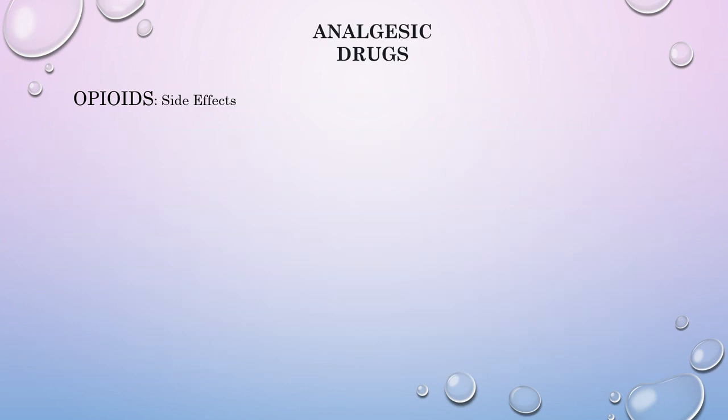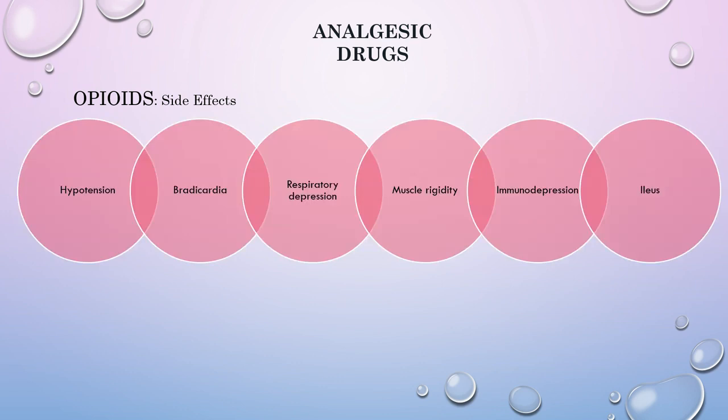Surely analgesic drugs like opioids have some side effects. Hypotension and muscle rigidity, mostly when a bolus is given. So this is why it's recommended to have a single venous line for opioid infusion, to avoid sudden boluses.